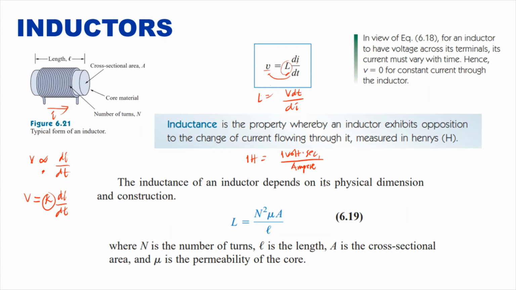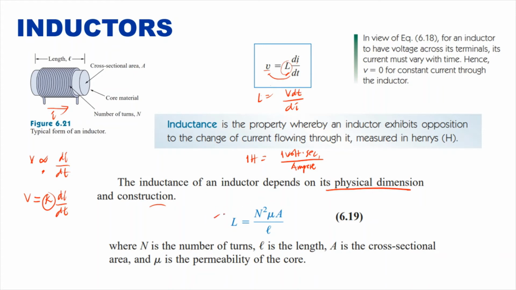Rather, it depends on the physical dimension and construction of the inductor. Kamukha siya ng capacitance. So, ano ba yung physical dimension and construction na sinasabi ko? The derivations for calculating the inductance of inductors of different shapes are from electromagnetic theory.